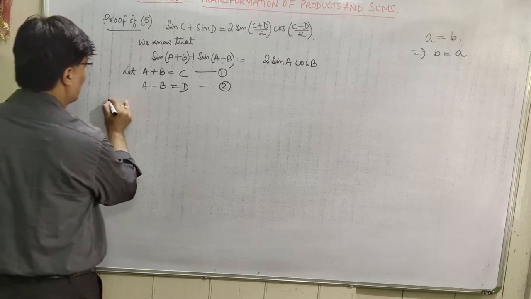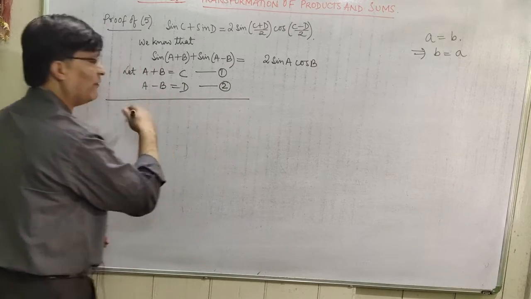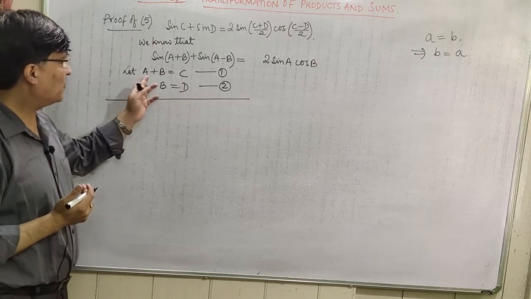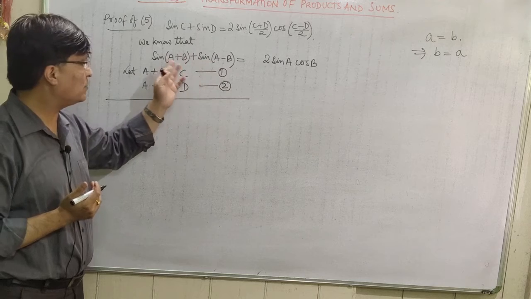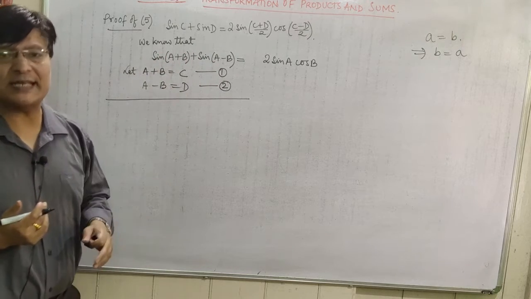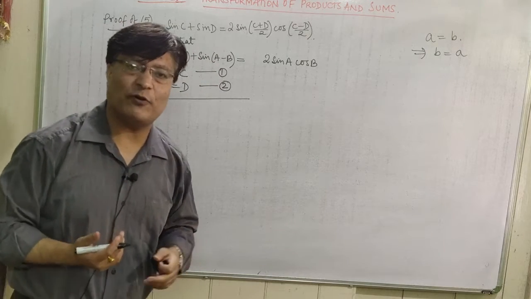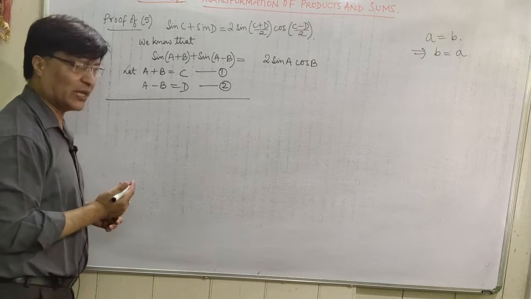Okay. So let us solve it. So we have assumed A plus B is equal to C and A minus B is equal to D. That's why it becomes sin C plus sin D. So we can easily derive the formula for sin C plus sin D.